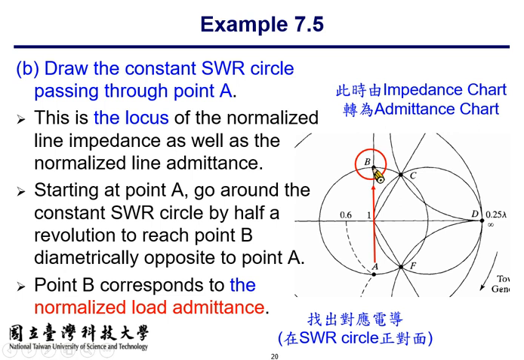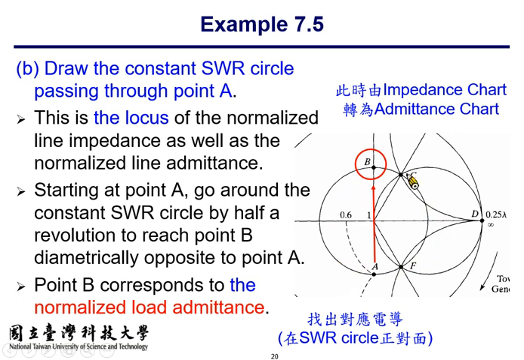If you do 1 divided by 0.6 minus J.8 manually, you will find out the corresponding value for point B is actually 0.6 plus J0.8，好，所以0.6减0.8J 的导数其实就0.6加0.8J，好。Alright, so once we reach point B, we can start moving along the constant SWR circle.